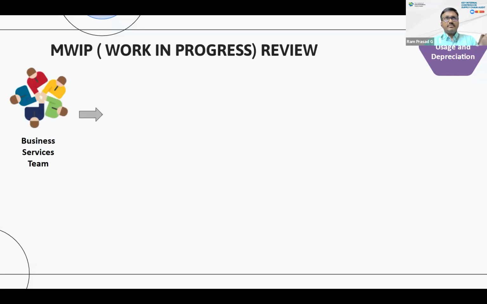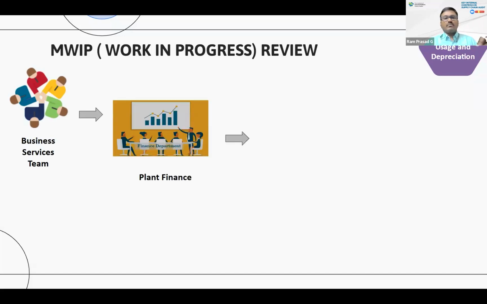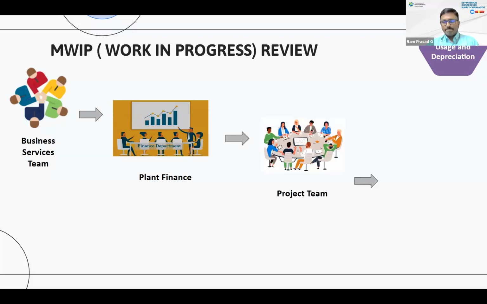First, these days you have a business services team who maintains the CWIP or the capital WIP. Some organizations call it MWIP also. So the WIP ledger should be shared by your back office team with your finance team, who in turn should have a conversation with the project team in a very periodical manner.